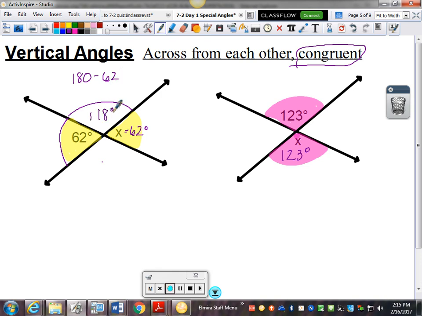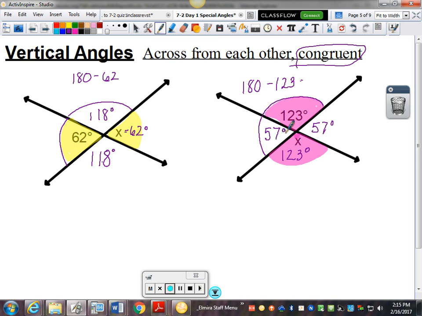And since I know that one's 118, this one down here is also 118 because they're vertical. If I arc this angle and I arc this angle, I get that half circle with my arcing. So 180 minus 123 is 57. And if this side's 57, this side's 57.